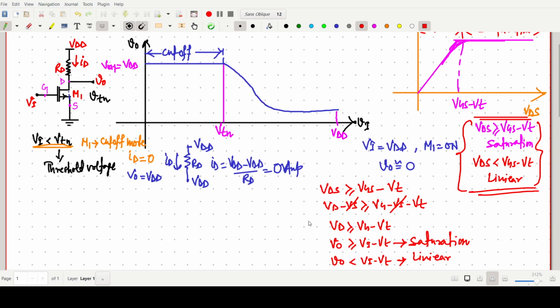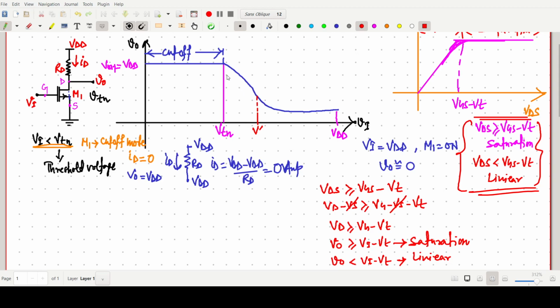Now suppose some point, any point we take, say V dash. When the input is V dash, this value will be V dash minus Vt.